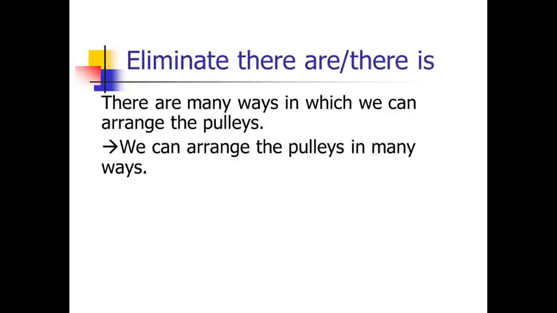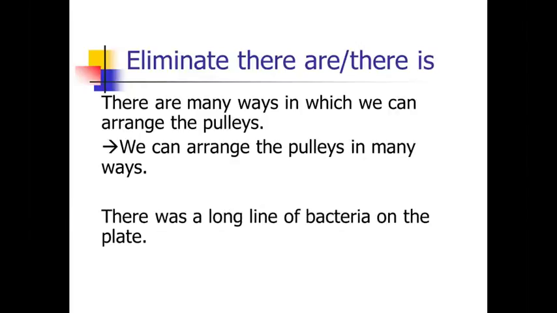A lot of times there's a better verb there, or maybe you don't need the verb at all. Here's another example. There was a long line of bacteria on the plate. How can we get rid of the there was? How about just, bacteria lined the plate? You can see by getting rid of the there was, we get a much more exciting verb, lined, rather than was.